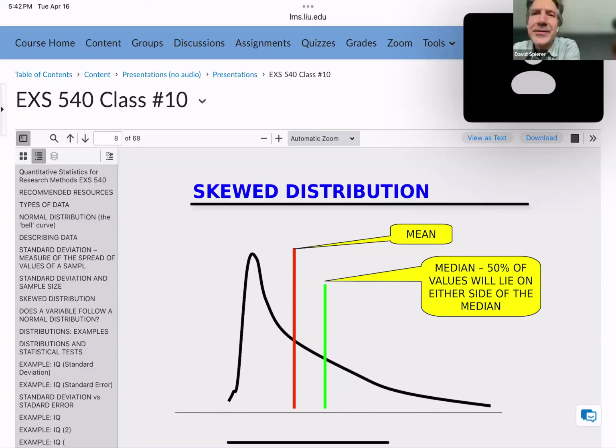I'm open to anything. Come on. What do you think would cause the distribution to slide over to one side, either the left or the right?